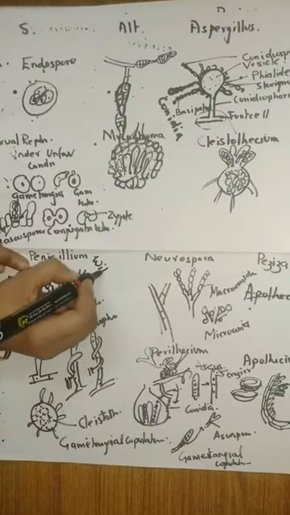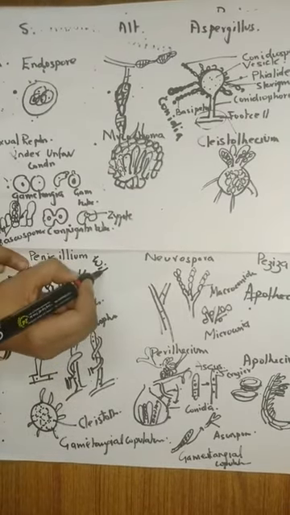And here in case of Alternaria, this ascus is produced within a stroma or within a closed organized structure. This type of structure is known as the mycostroma, and these ascus contain the ascospores, and fertilization of the male and the female nucleus takes place by gametangial copulation.